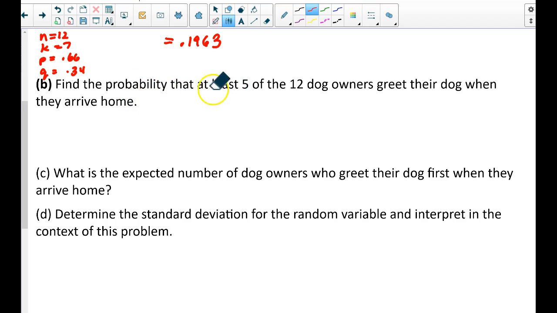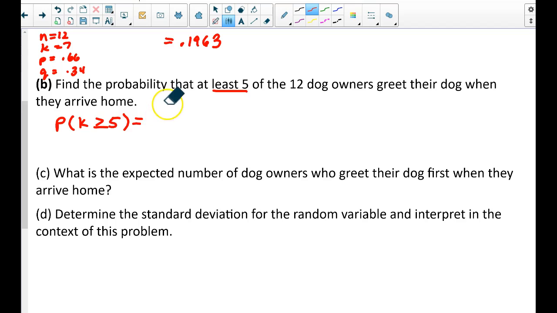Let's continue on for part B. Find the probability at least 5 of the 12 dog owners greet their dog when they arrive home. So in this case, this is an at least case, so it's a multiple case. So you're going to have k is greater than or equal to 5. Just make sure you always read carefully.